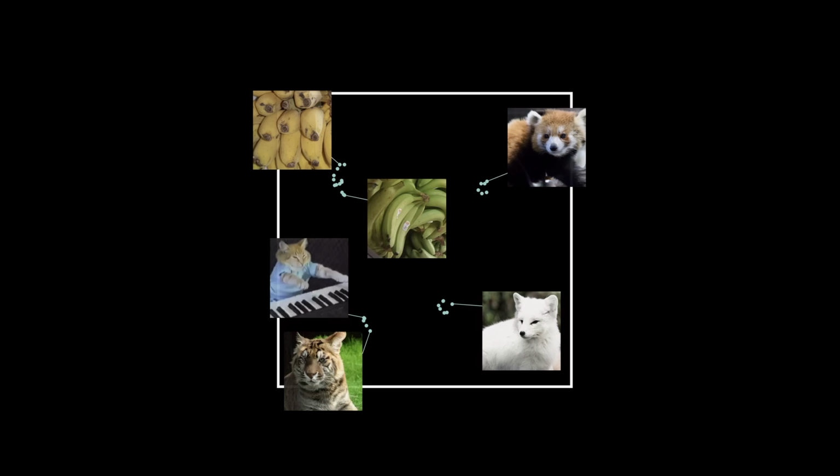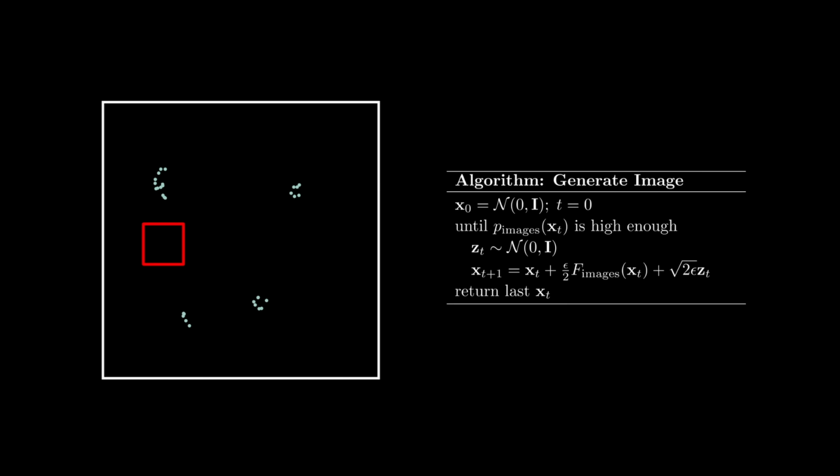Remember how I said that most of image space is empty in the first part of the series? So if you zoom into any particular empty region of image space, there are absolutely no samples anywhere in that local patch. This means that the gradient in those regions is exactly 0. There's nowhere you can go within this local patch to increase the likelihood of the sample under P images.